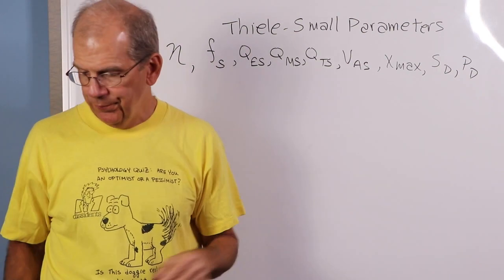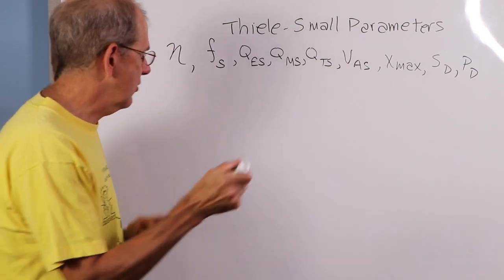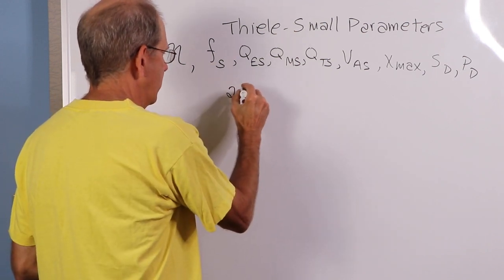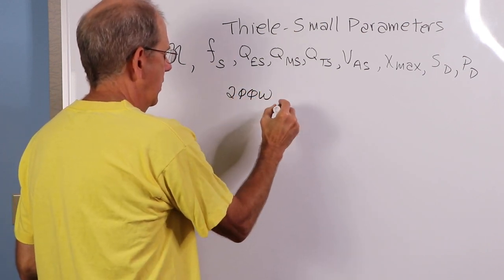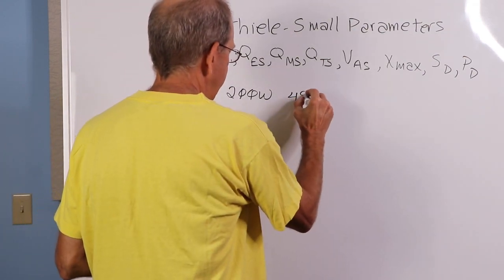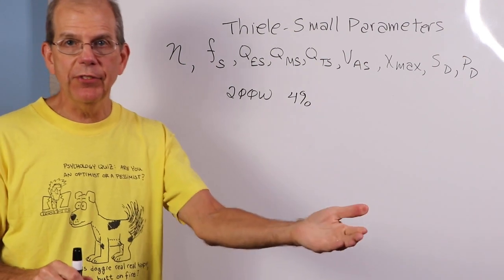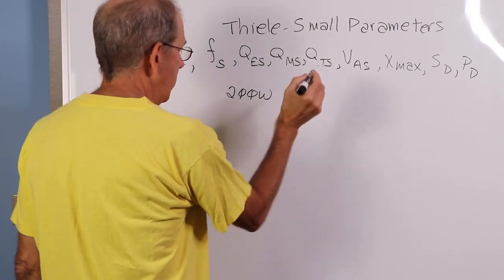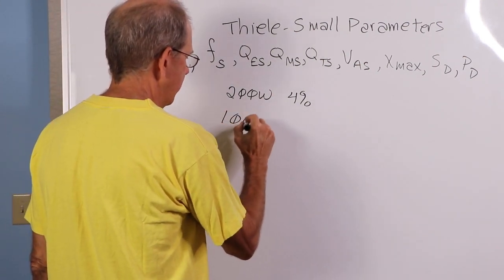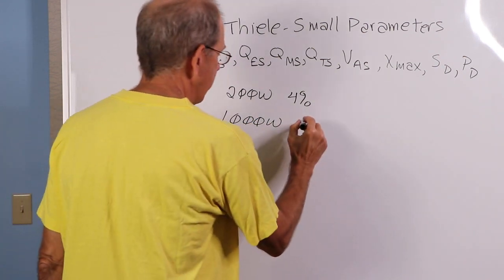So, as an example, I could have, let's say, a 200 watt loudspeaker, rated for 200 watts, with an efficiency of, let's say, 4%. I'm going to compare that to a second loudspeaker that has a PD of 1,000 watts, but its efficiency is only 0.5%.